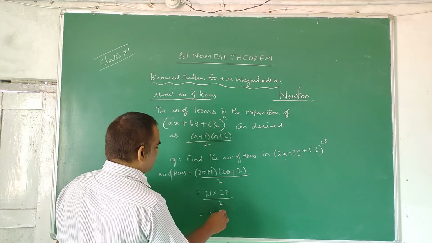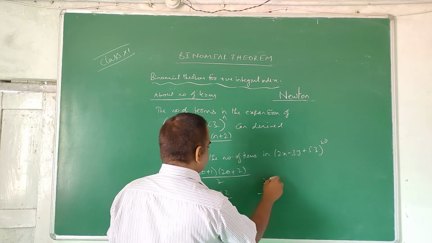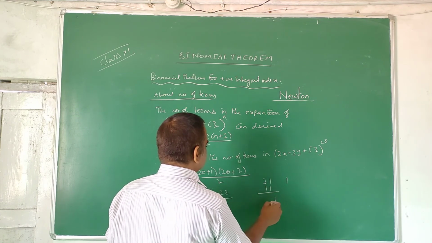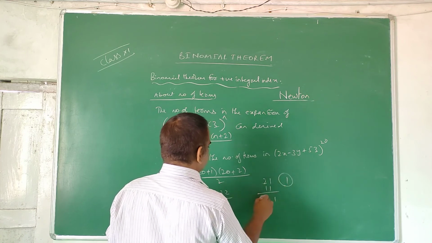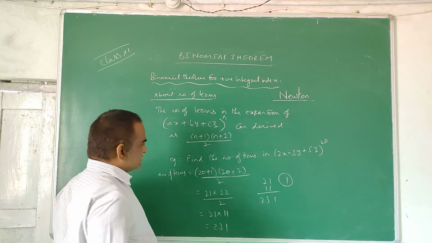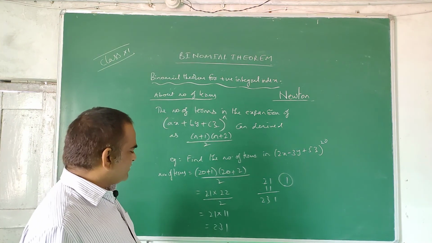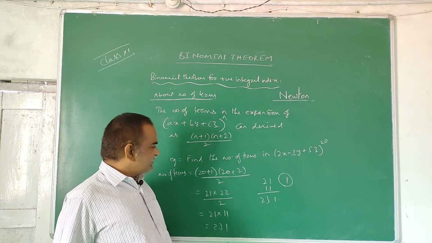So 21 into 11. 11 ones are 11, 11 twos are 22, 23. So you get 231 terms. So if you expand 2x minus 3y plus 5z whole power 20, you get 231 terms. Understood?